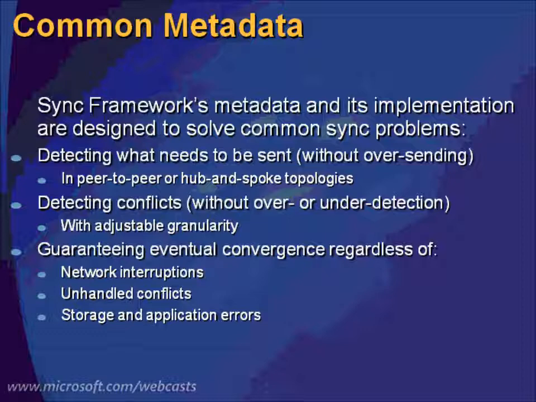So what is this metadata and why do we use it? What problems does it solve? The metadata detects what changes, what data needs to be sent in your specific scenario, regardless of the topology that you're using, whether a hub and spoke, a full mesh, a loop or some type of ring. It tells you what type of data needs to be sent, like the timestamp, the ID of the change, what have you, so we can resolve conflicts.